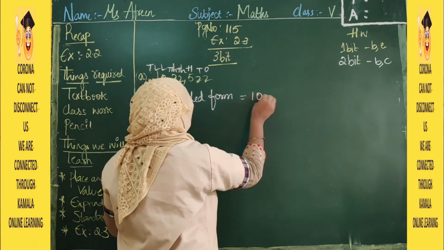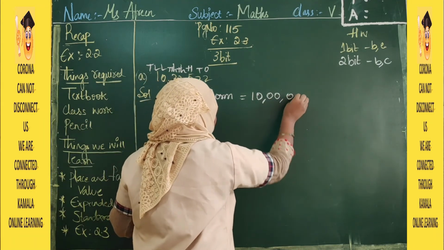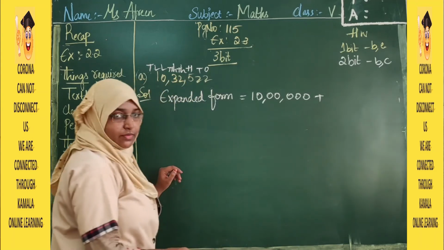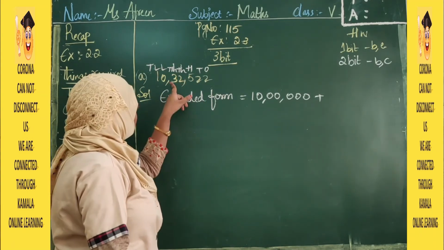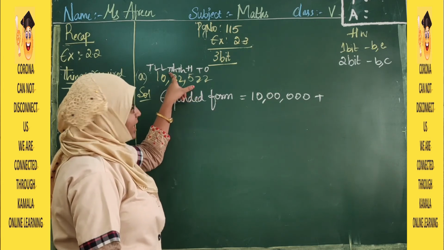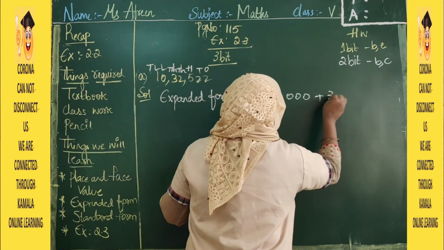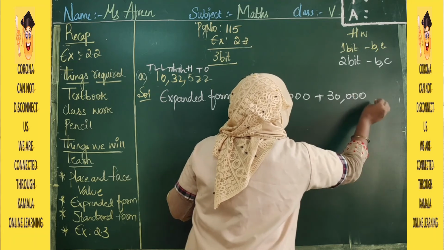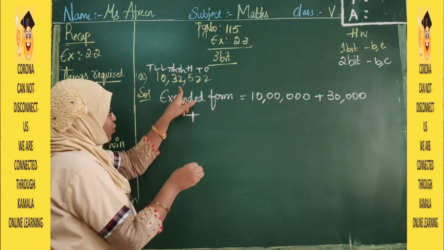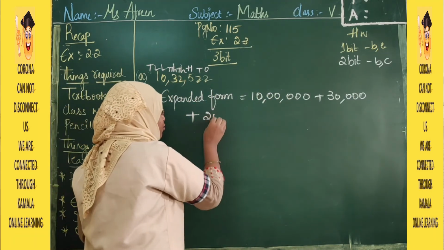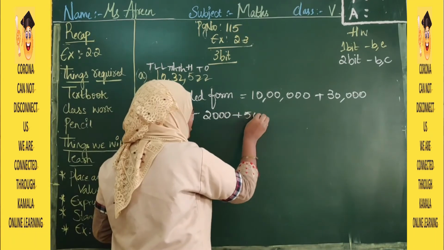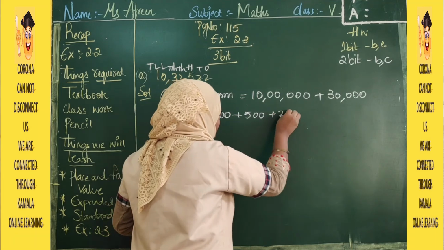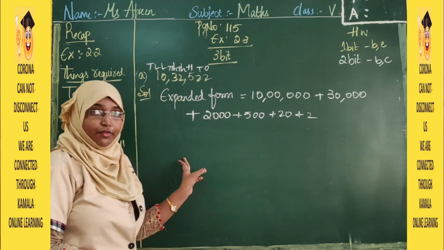So we will write 10 lakhs plus. Next 0 is at lakhs position, so 0 into lakh is always 0. Now next 3 is at 10,000 place, that is 30,000 plus. Now 2 is at thousands place, so 2,000. 5 is at 100 place, so 500 plus 20 plus 2. This is our expanded form.